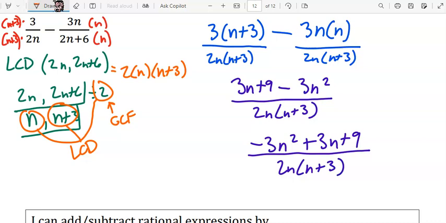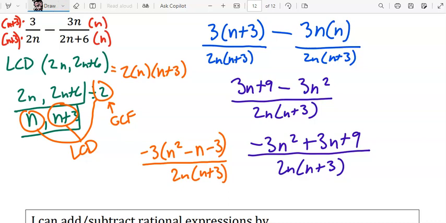On this one we could factor out negative 3 and get n squared minus n minus 3 all over 2n times n plus 3. It doesn't look like we can factor it any further, so that would be our answer here.